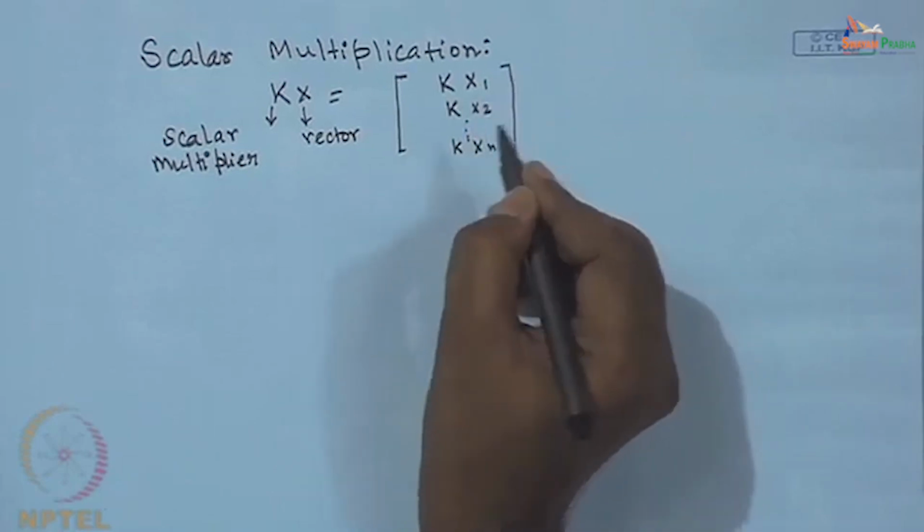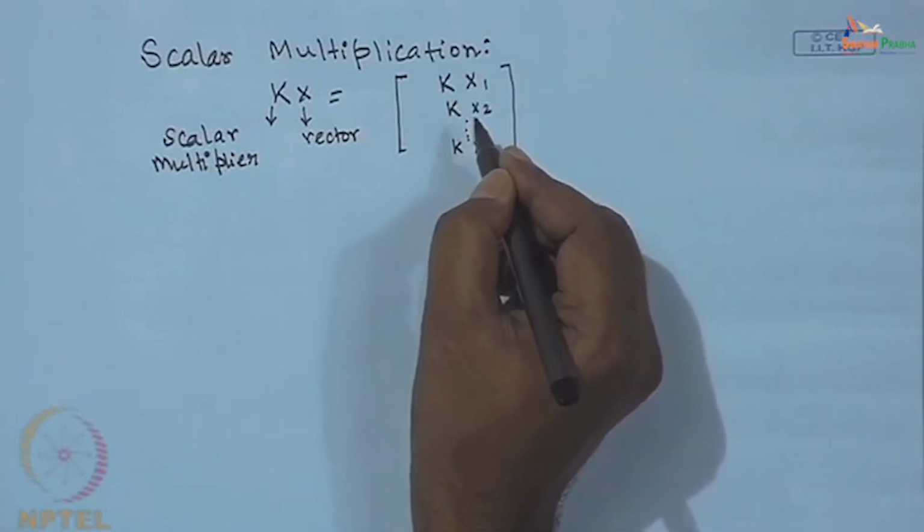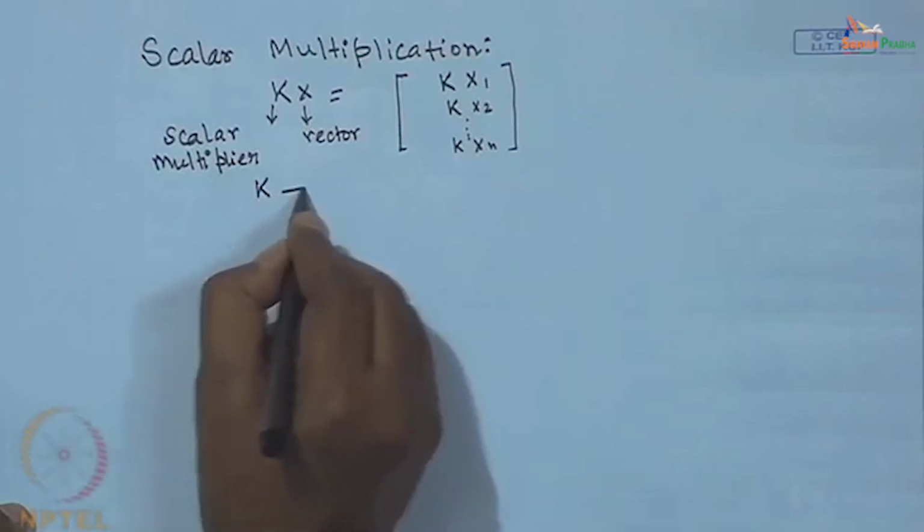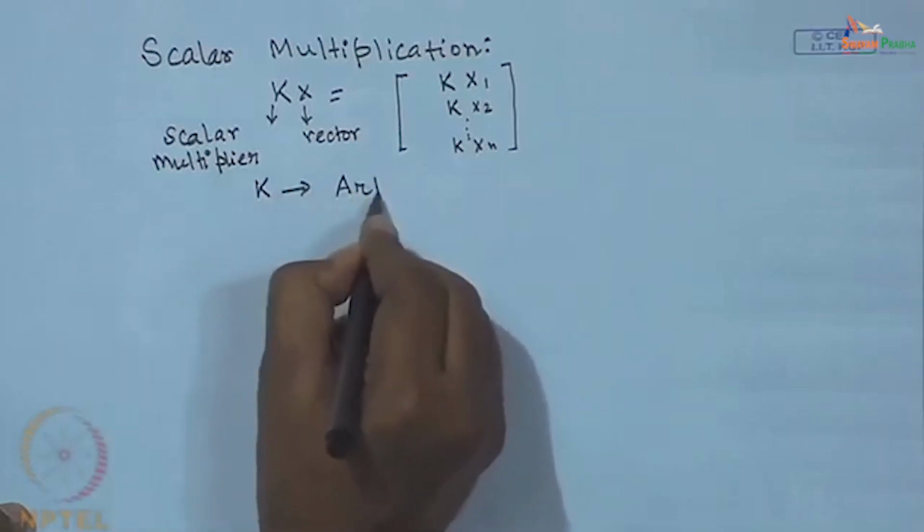Let us say x is an n dimensional vector, then every element of the vector x will be multiplied by the scalar k, and k is an arbitrary scalar.